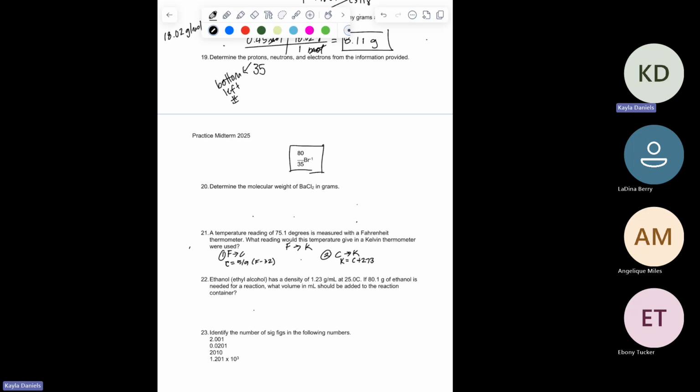We can get that directly from the symbol. For neutrons, you do the top minus the bottom. So 80 minus 35, which is 45. So neutrons is 45.